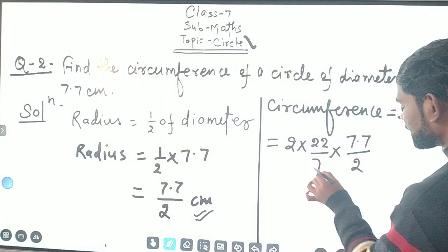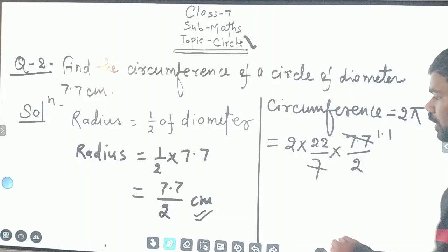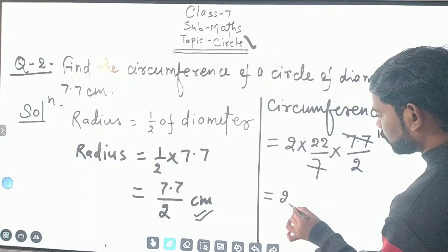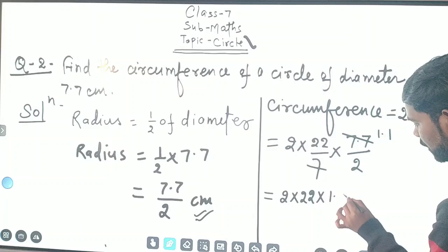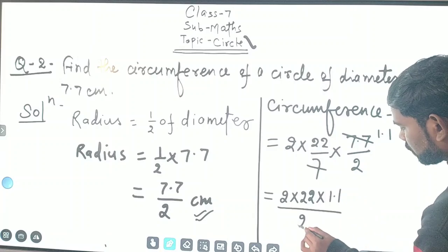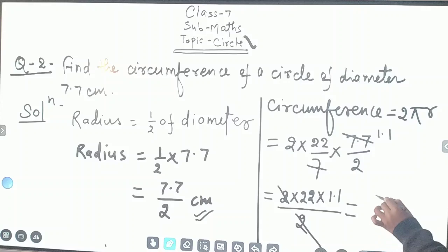When 7 divides 7.7 we get 1.1. So we have 2 into 22 into 1.1 upon 2. This 2 and this 2 cancel out and we get 22 into 1.1.